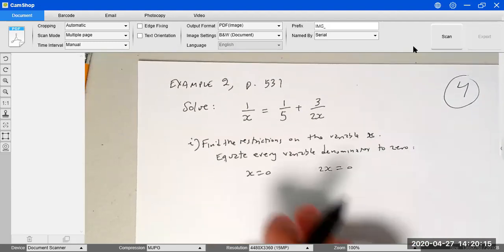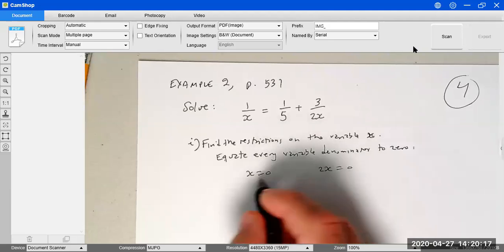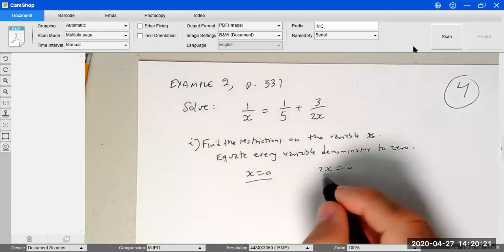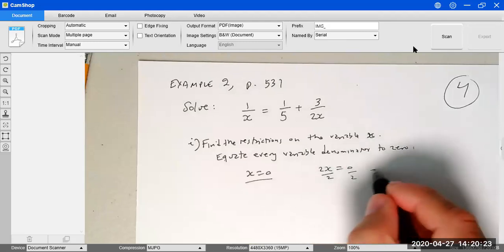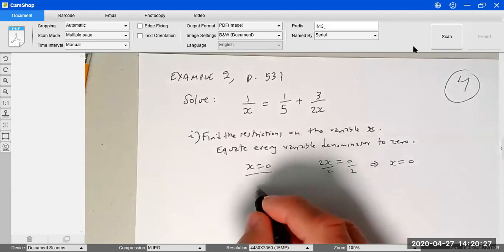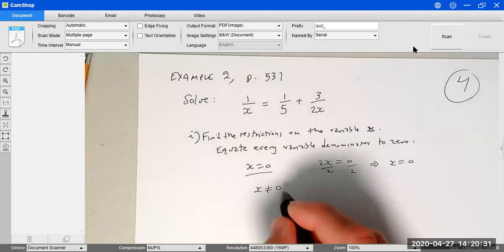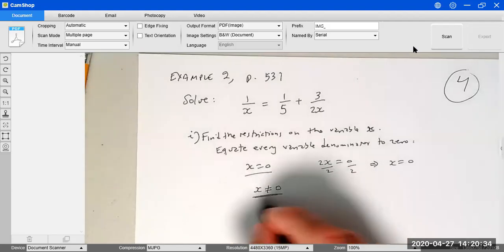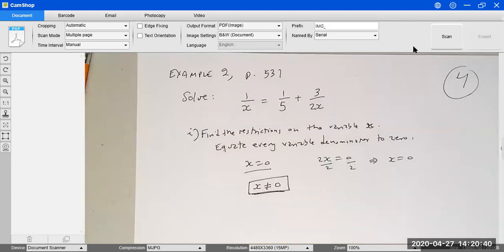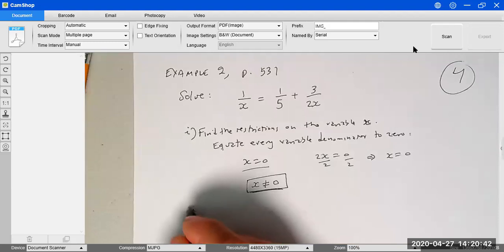So I have 2 equations. The first one is already solved, x equals 0. In this case, you divide by 2, and you also get x equals 0. So the restriction is 0. Then you need to write this: x cannot be 0.